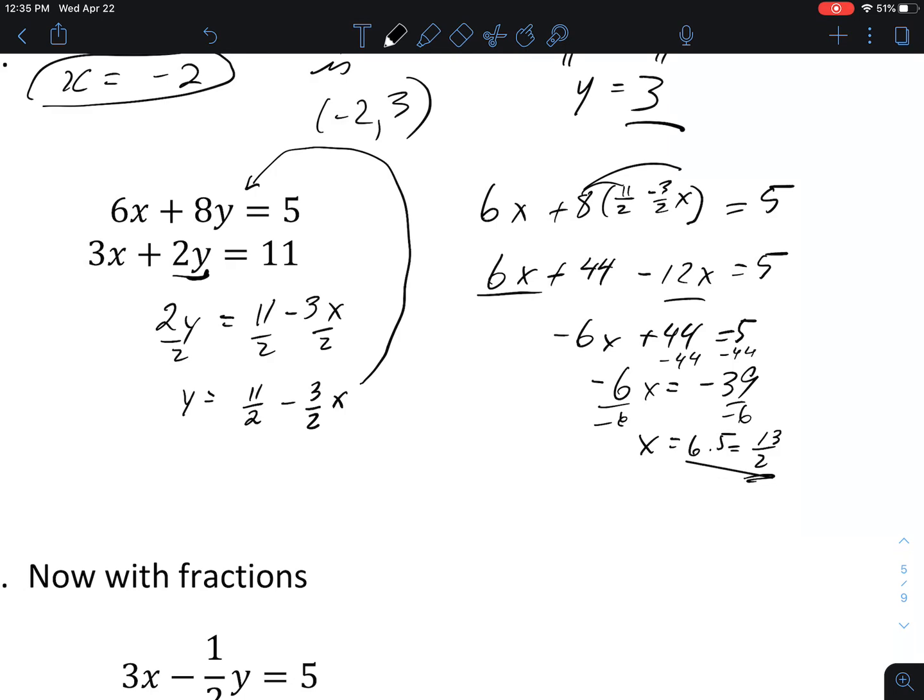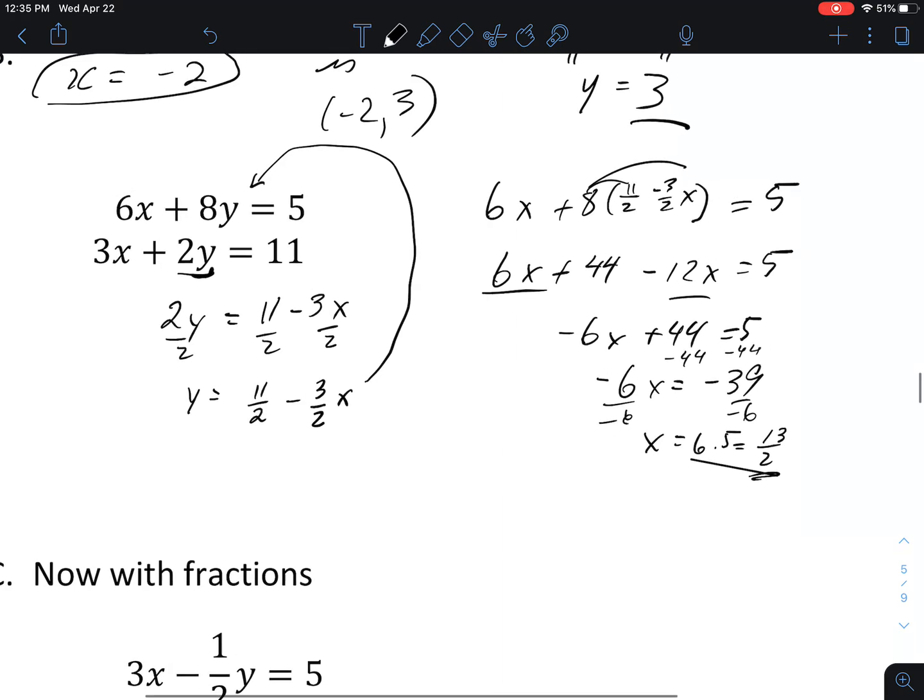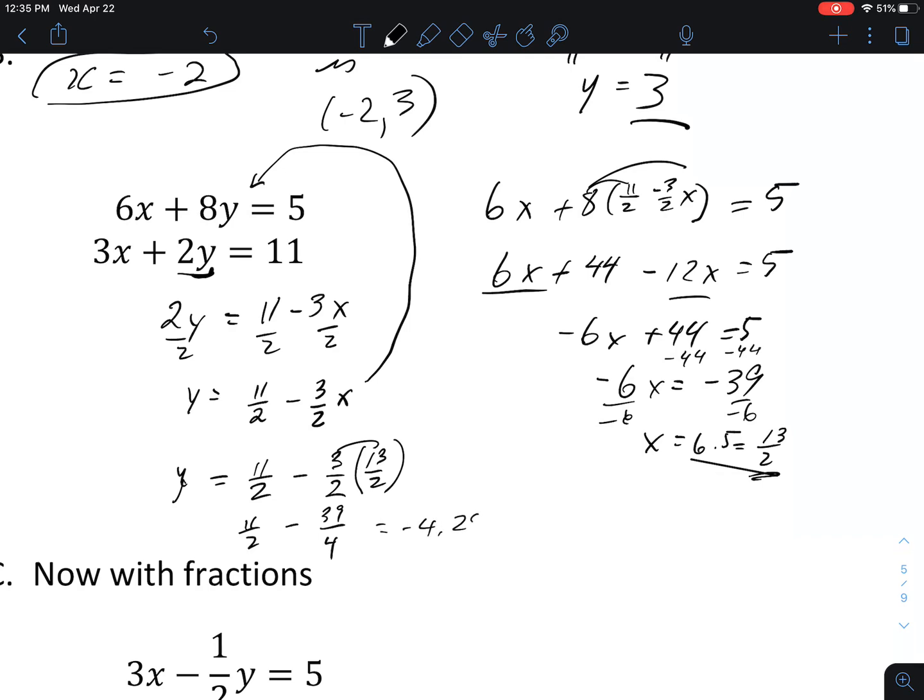So our answer isn't always going to be a whole number. Sometimes we could get a decimal or fraction answer as we did here. And now I'm going to put that back over here to figure out what y is. So y is 11 over 2 minus 3/2 times 13 over 2. 11 over 2 minus 39 over 4 is going to turn out to be negative 4 1/4.